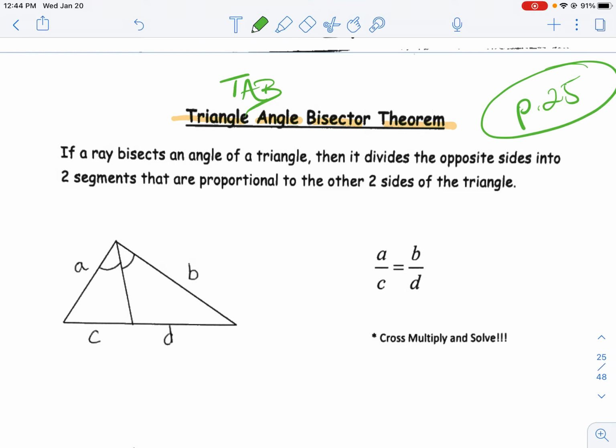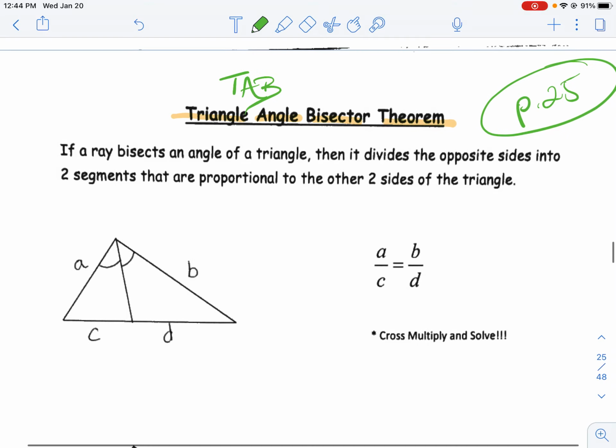This is a really straightforward theorem which basically says that if we have a ray in a triangle, it is going to cut this side here into sides that are proportional.